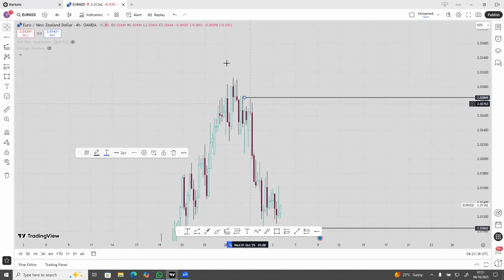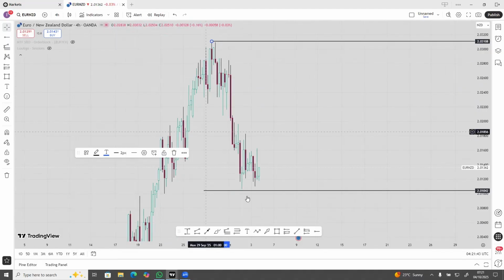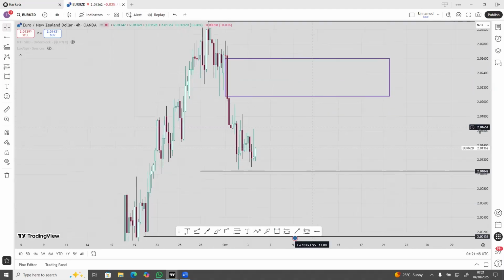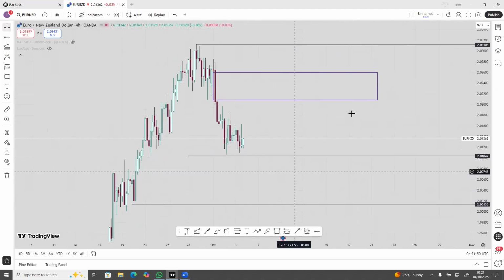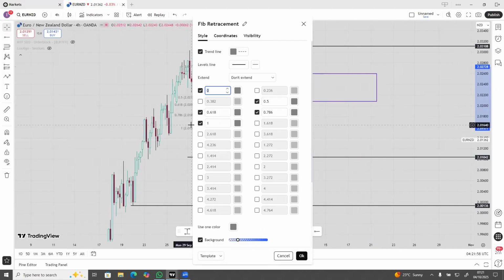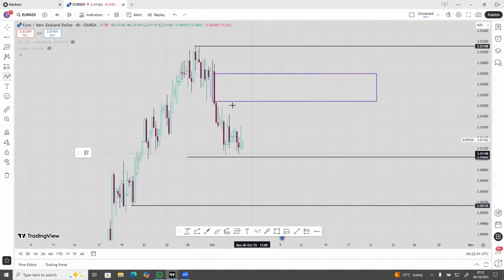If we recognize that we have a grab and market shift, then we have an unmitigated fair value gap left there. That FVG is located on the premium side, so it has high probability.